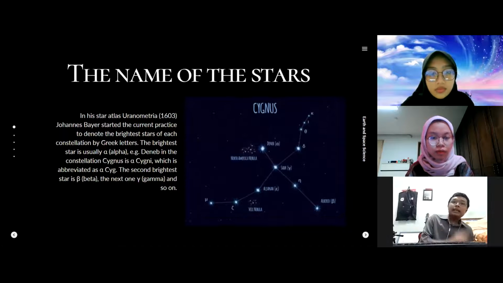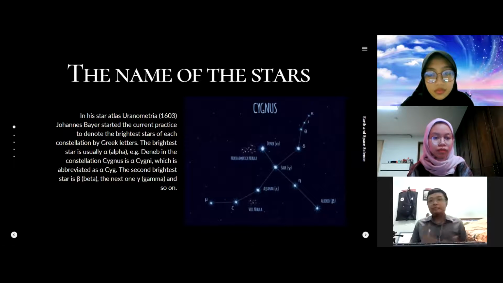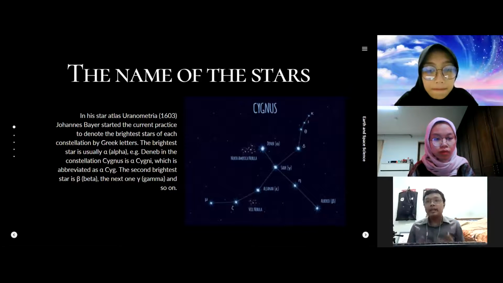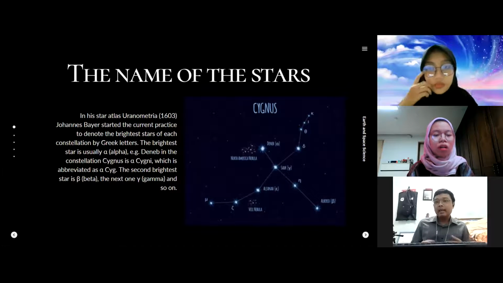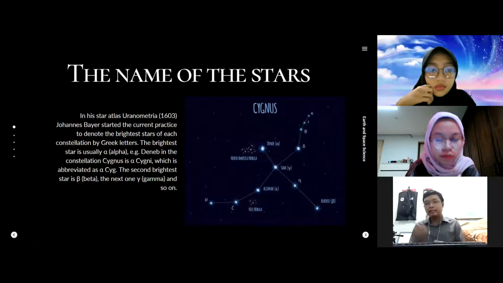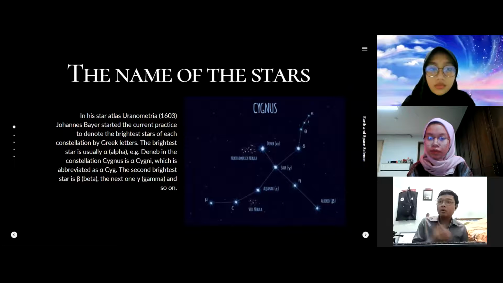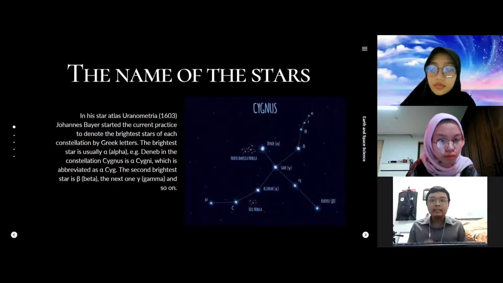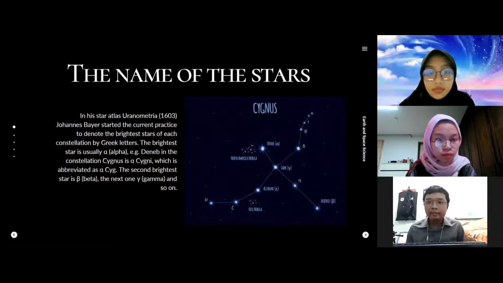so the names of the stars, what does that mean? The name of a star depends on how bright the star is. And that brightness depends on how large, how massive, and how young or old the star is. The brightest star is usually called Alpha here in the PowerPoint.